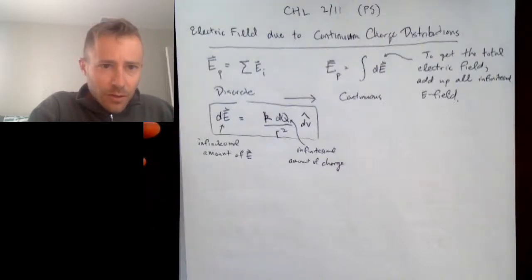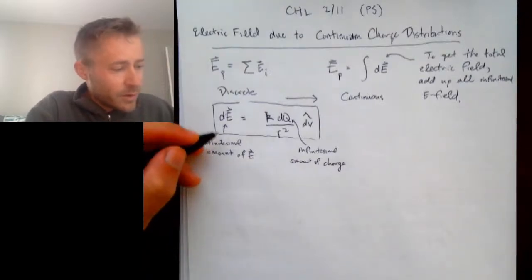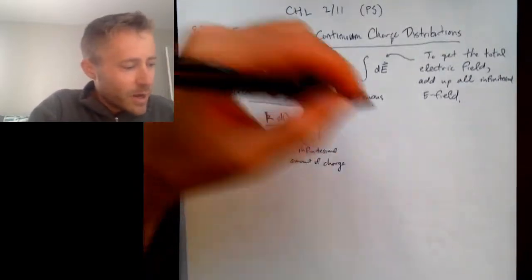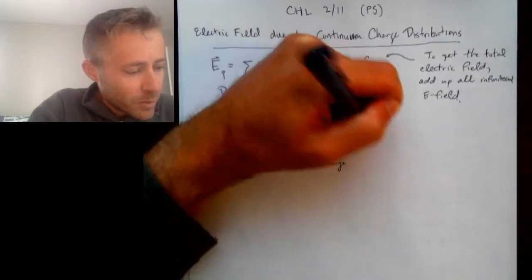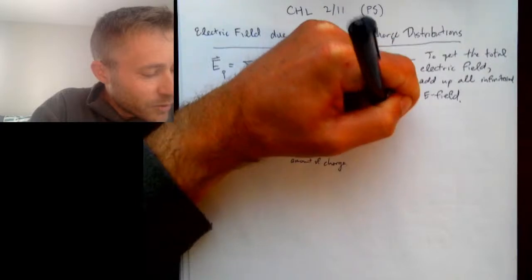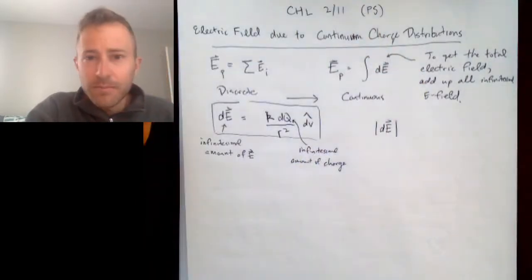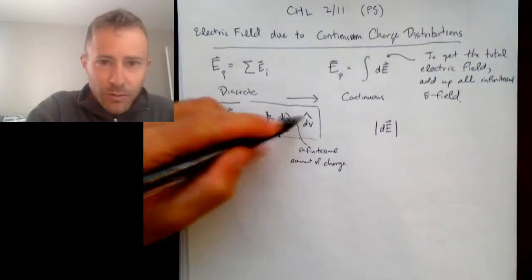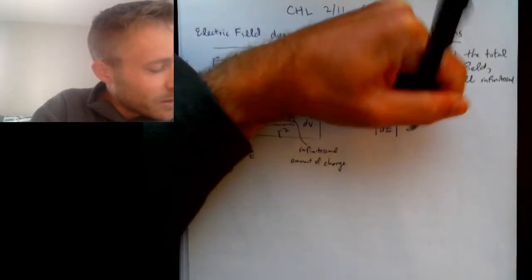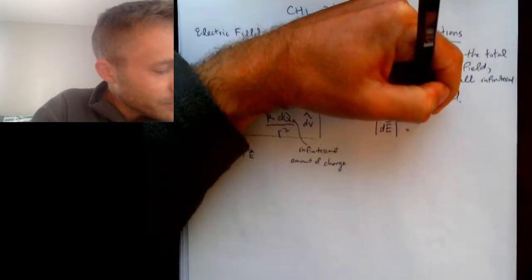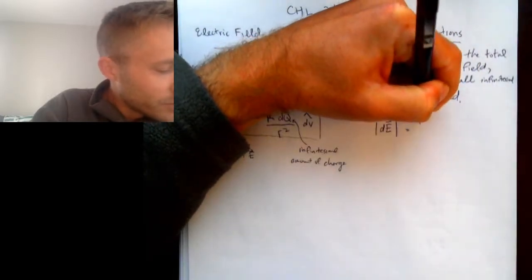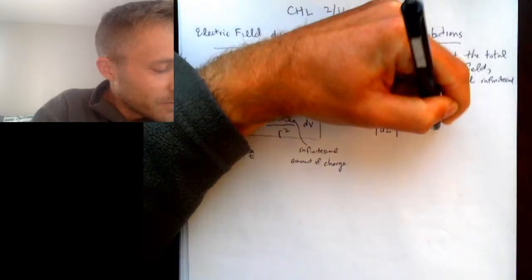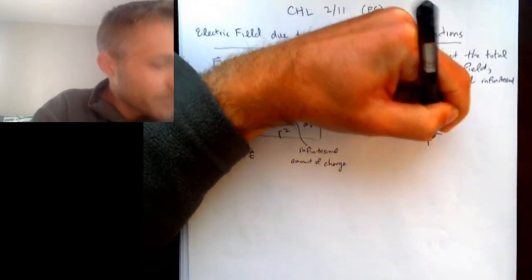So in particular, almost all the time, we'll be more interested in the magnitude of dE. We know that this is a unit vector, so the magnitude of it is going to be just k dq over r squared.